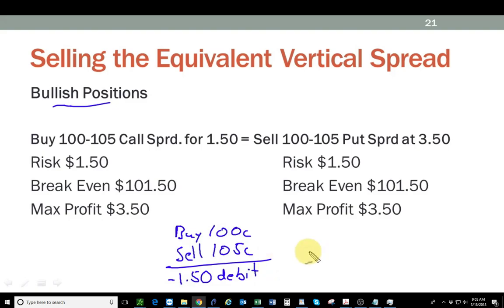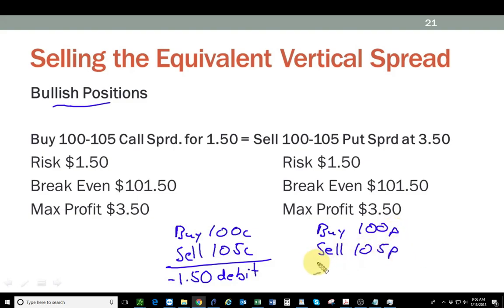Now, what happens if I went out and did the equivalent put spread? I want you to think about this. This one's a little bit confusing. We're going to sell a 105 put and we're going to buy the 100 put.